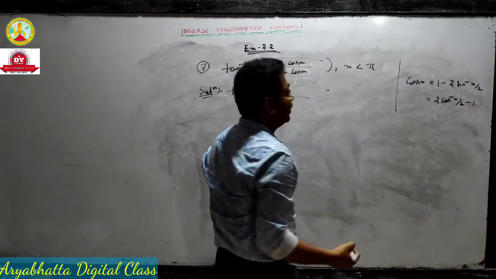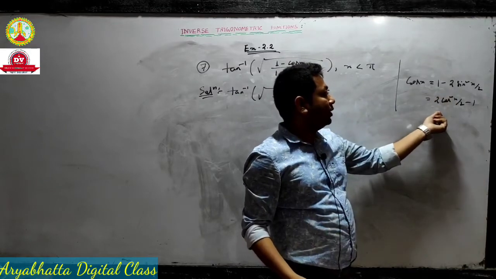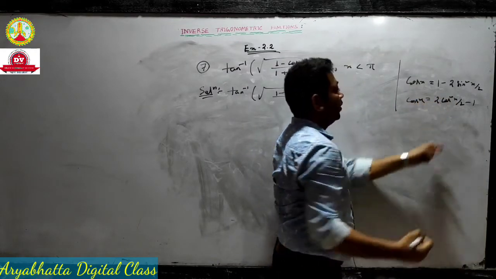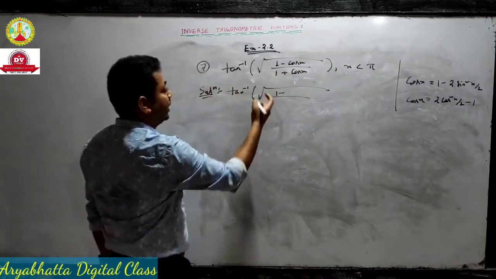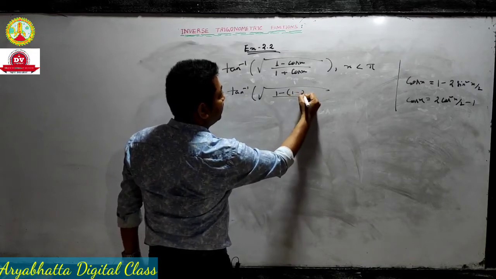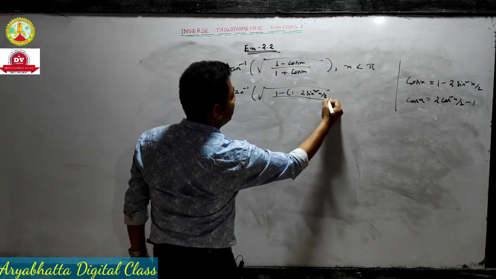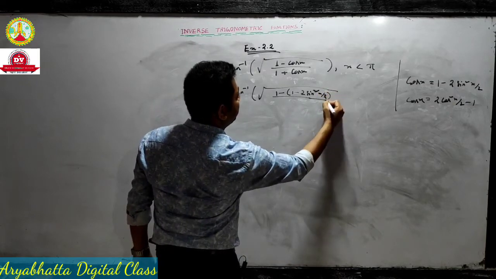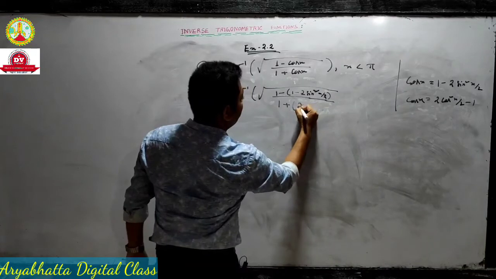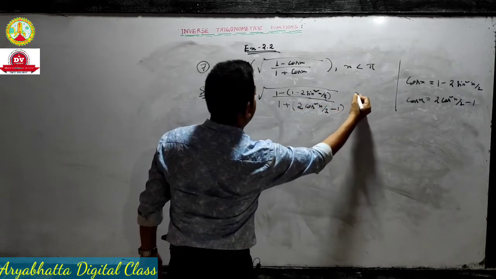From the trigonometric formula, we have cos x equal to 1 minus 2 sin square x by 2 or cos x is equal to 2 cos square x by 2 minus 1. Therefore, we can write 1 minus cos x equal to 2 sin square x by 2, and 1 plus cos x is equal to 2 cos square x by 2.